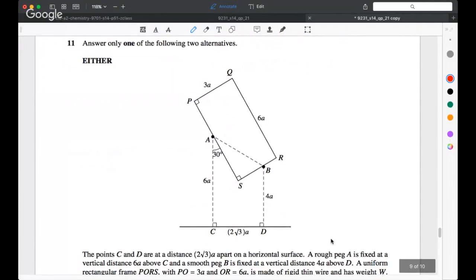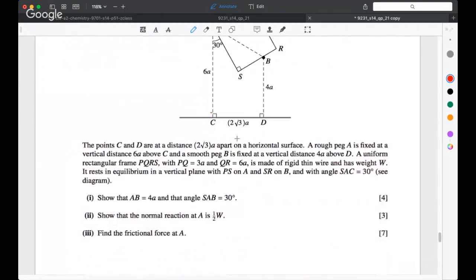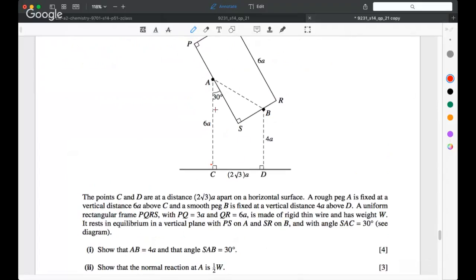And question 11. Show that AB is 4a and the angle SAB is 30 degrees. It's very easy if you spot the fact that there's a right angle triangle here.